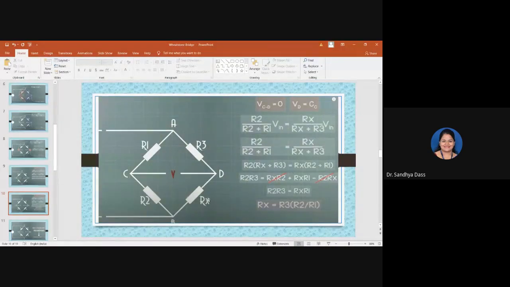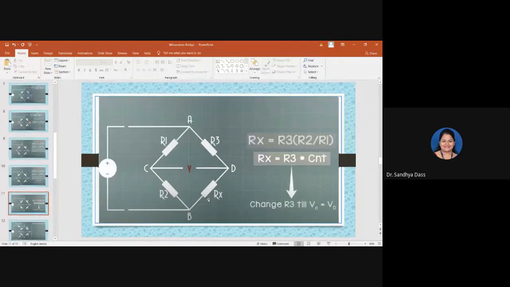So keeping R1 and R2 constant, say we know these values, and if you are using a variable resistor at the R3 arm, you go on varying this, adjusting in such a way that the voltage at this point will be equal to this point, which you will observe using the voltmeter. So you can always find the unknown resistance.